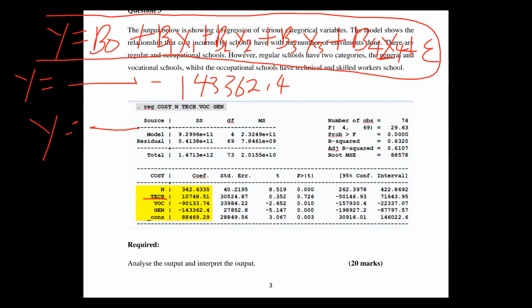Any other try on this one? We are interpreting the coefficients. On the other one, n is what? What schools do we have here? What schools do you have in the question? Vocational, general, technical, and what?